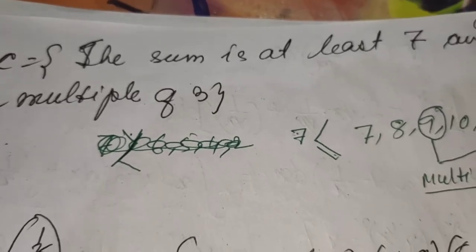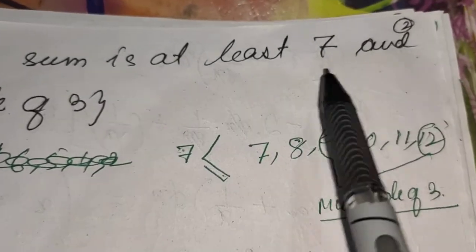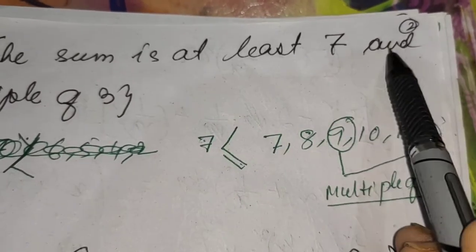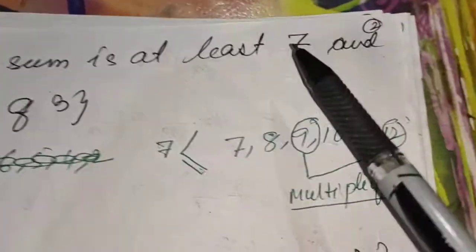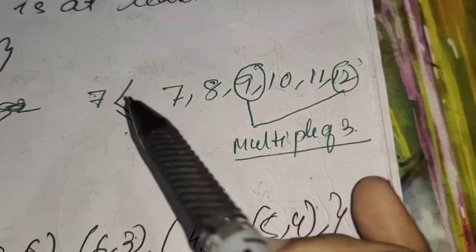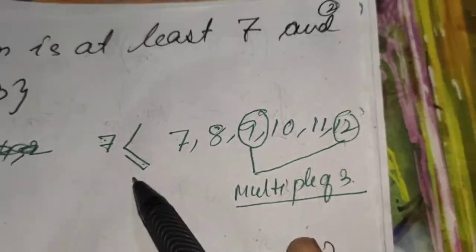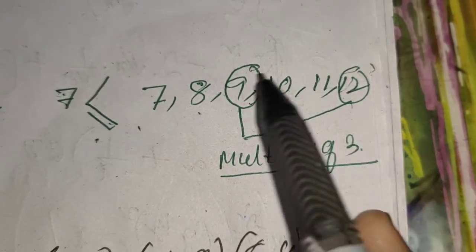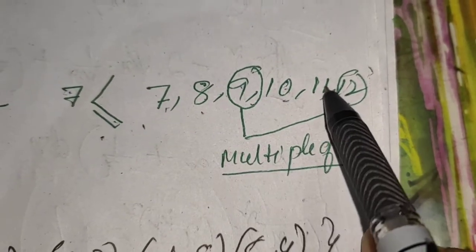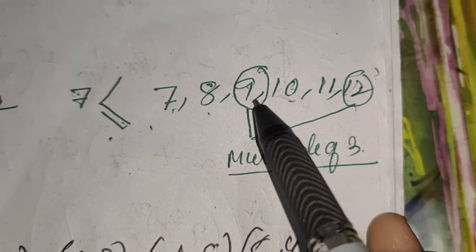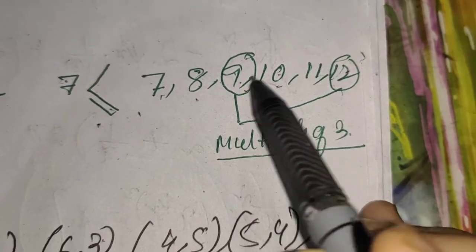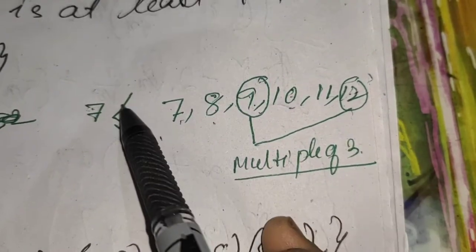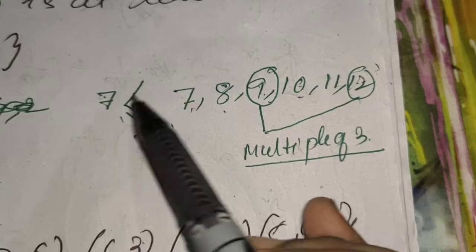Now C is given: the sum is at least 7 and a multiple of 3. At least 7 means minimum 7, so either 7 or greater than 7.